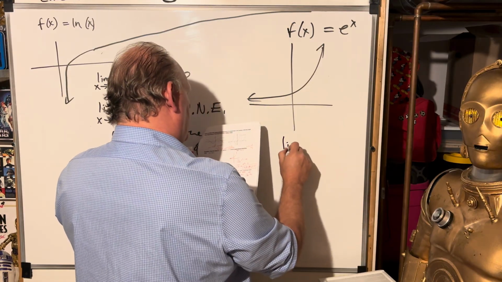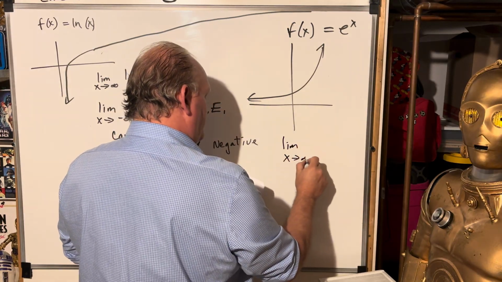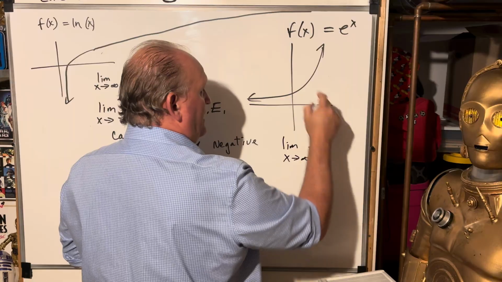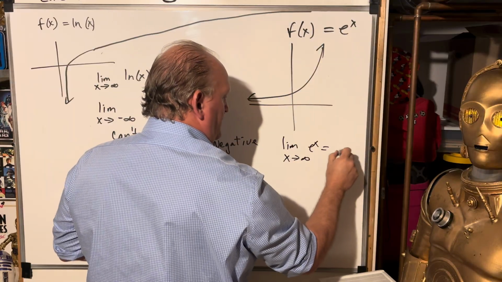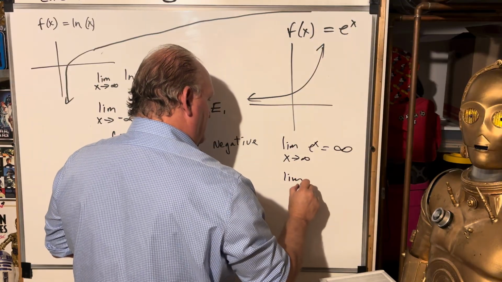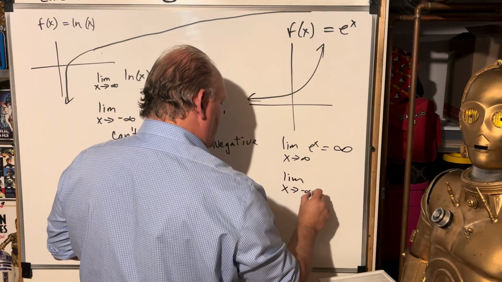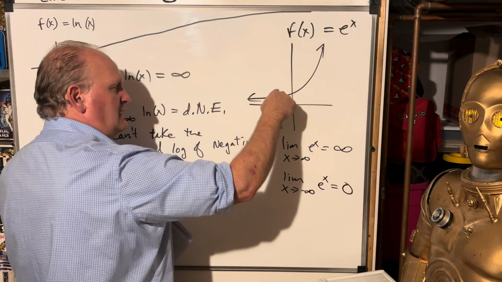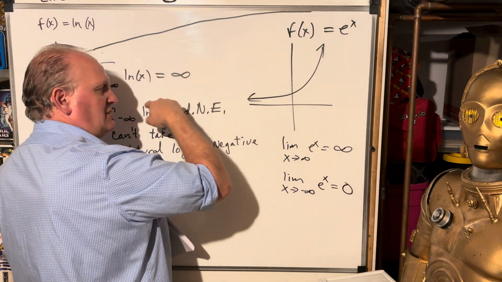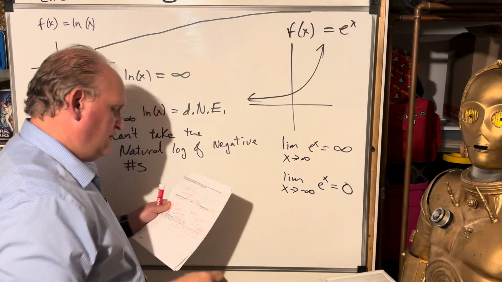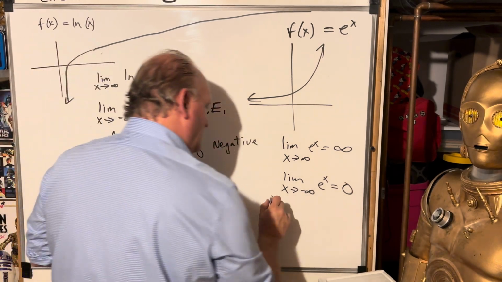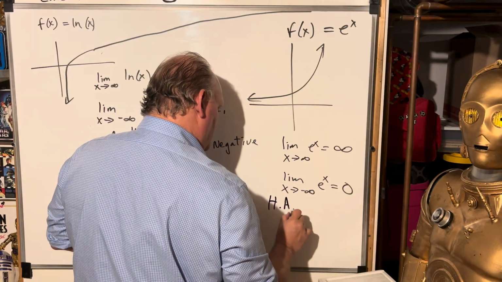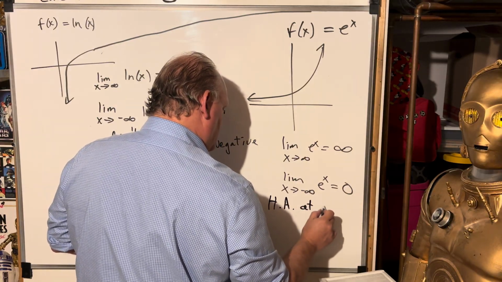So the limit as x approaches infinity of e to the x is infinity. And the limit as x approaches negative infinity of e to the x is 0. It's going to get ever closer to 0, but it won't ever hit 0 or cross it. So there's a horizontal asymptote at y equals 0.